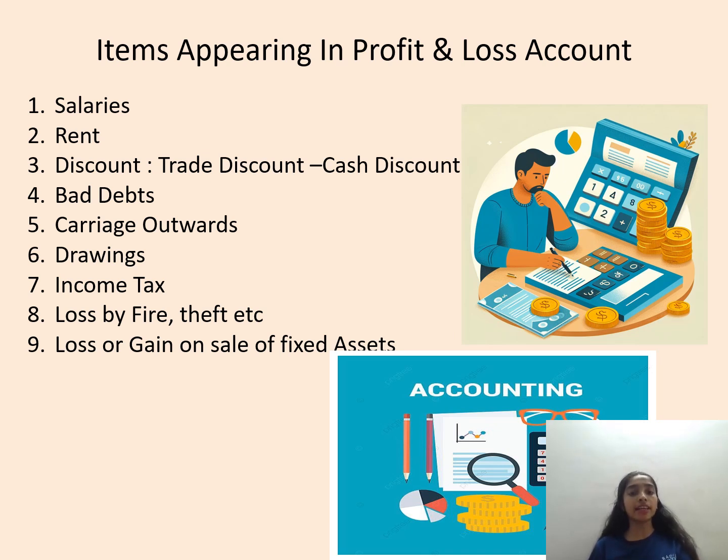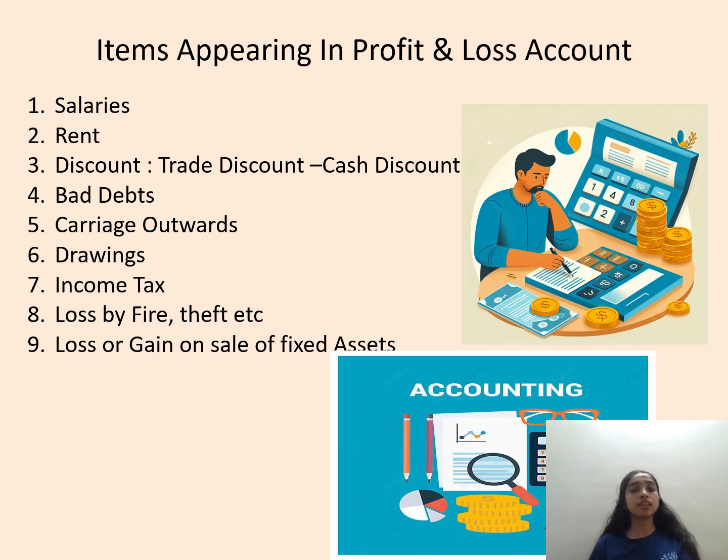Next is carriage outward. Expenses incurred on transporting goods to the customer are shown as selling expenses on the debit side. Next is loss by fire. If the loss is incurred, it is debited in the profit and loss account as an abnormal loss. If partial loss is incurred, the uninsured portion is debited.